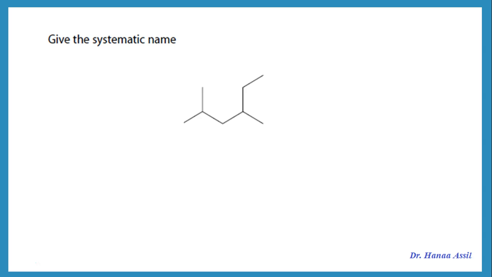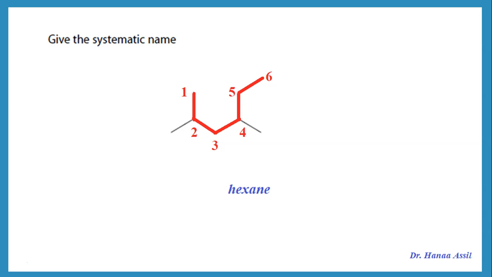and it's understood that at the end of each of these lines there is a carbon with the required number of hydrogens. So again, how do we name it? We look at the longest chain. The longest chain is this, made up of a total of 6 carbons, and that means it should be something hexane.